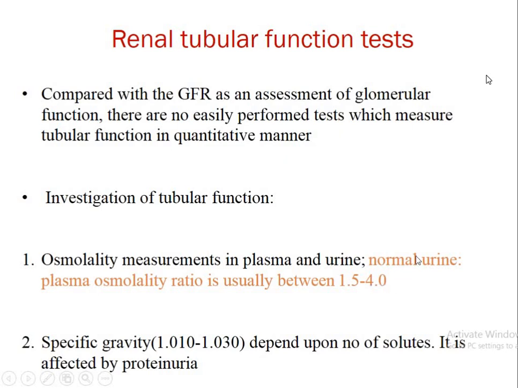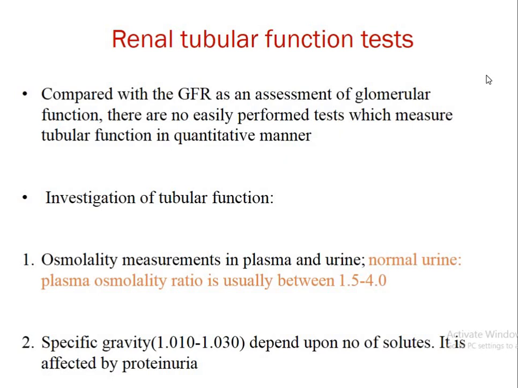It means the normal urine can have 1.5 times higher osmolality as compared to the plasma, and it can go up to 4 times the osmolality of the plasma, depending on the need of the body.